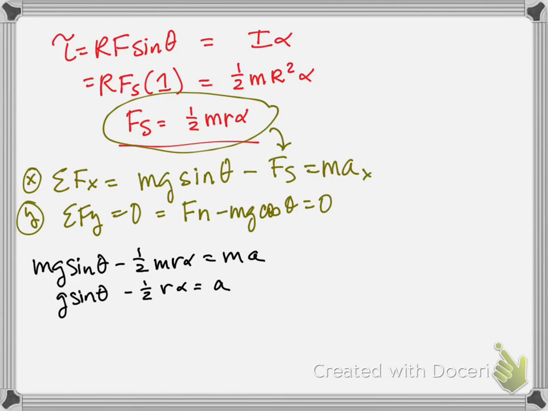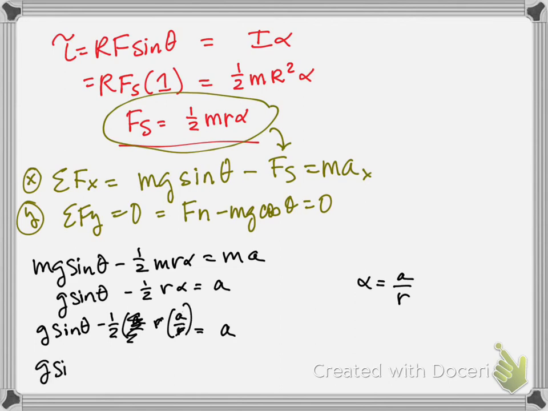Now I'm going to substitute alpha equals a over r. And I'm going to get a equals g sine theta minus 1/2 r, and then if alpha is a over r, those are going to cancel out.